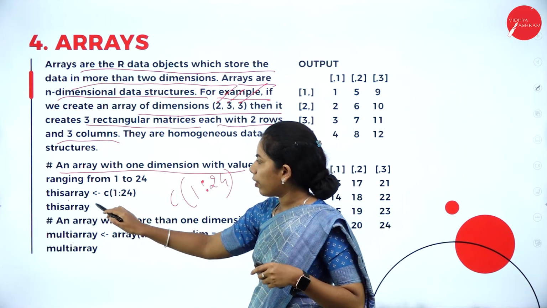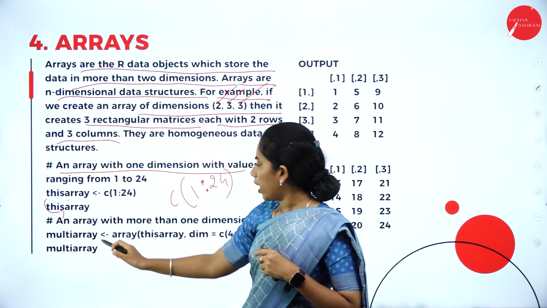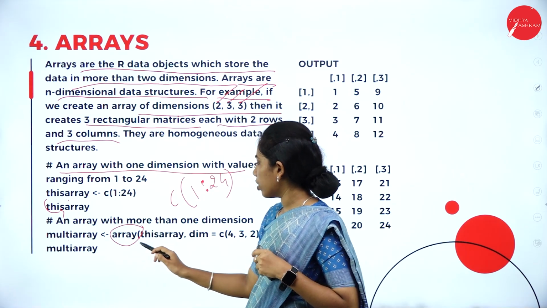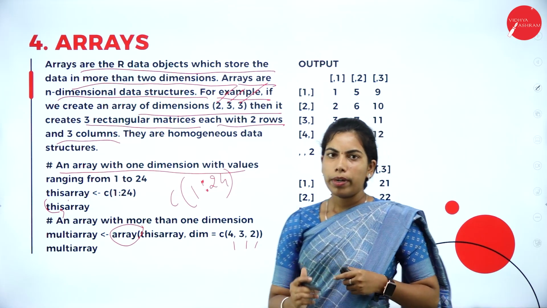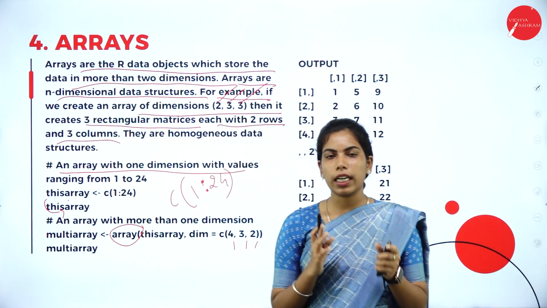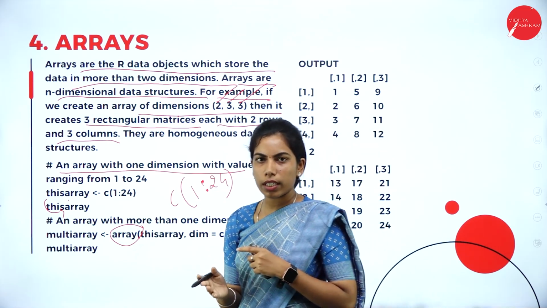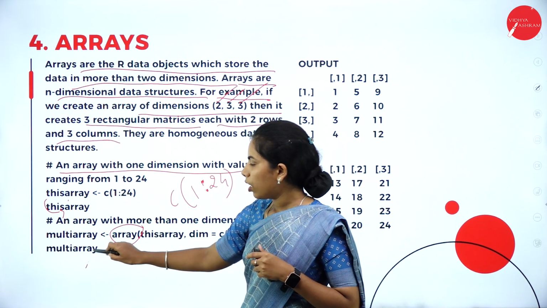When I call this array, it will be printed as a multi-array. And when I call the array function with dimension 4 comma 3 comma 2, it means 4 rows, 3 columns and 2 dimensions. Dimension 1 contains 12 elements, and dimension 2 contains 12 elements. This is how you have to print the arrays.